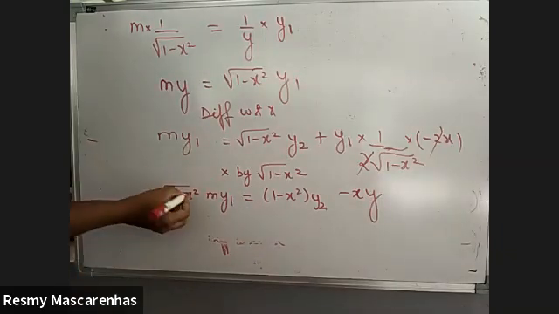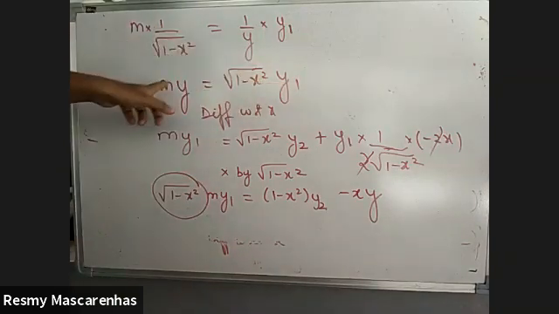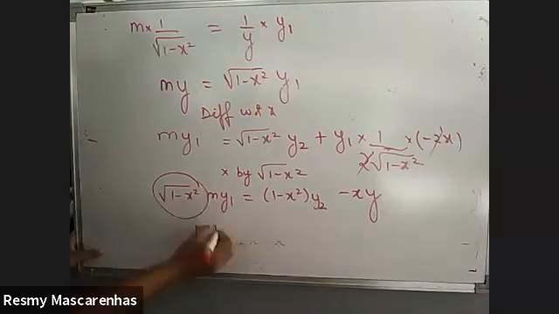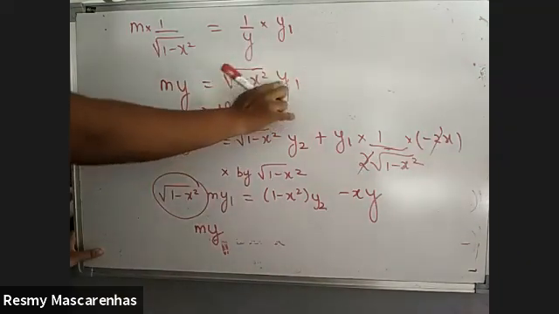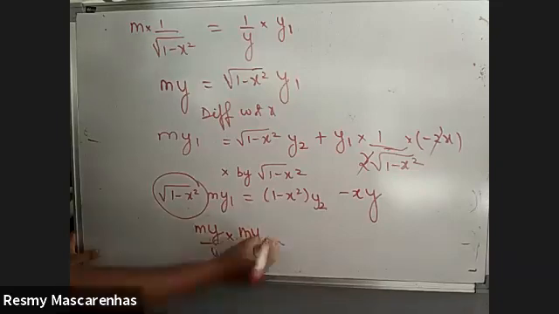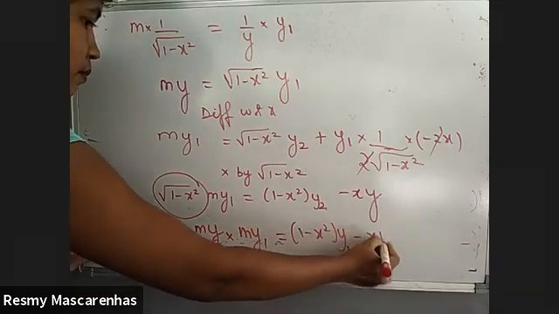And now one last substitution. There's still a root sign. So instead of the root sign, you can put m upon y1. What is root of 1 minus x square? It is m y upon y1. So this will be m y1 (1 minus x square) y2 minus x y.